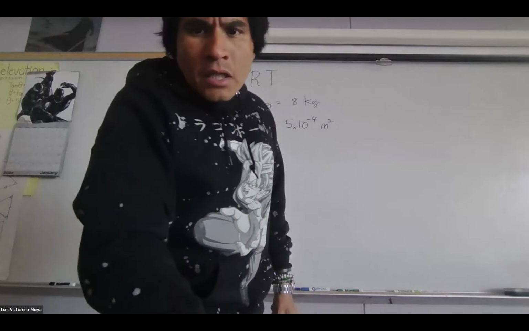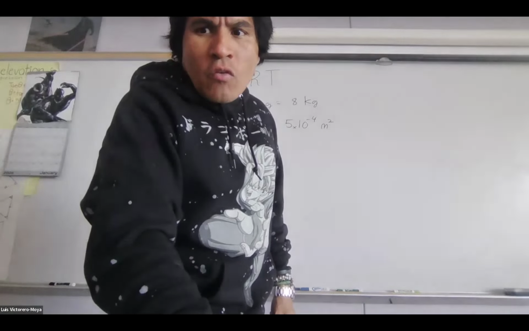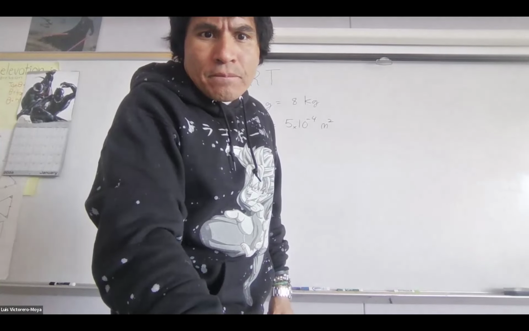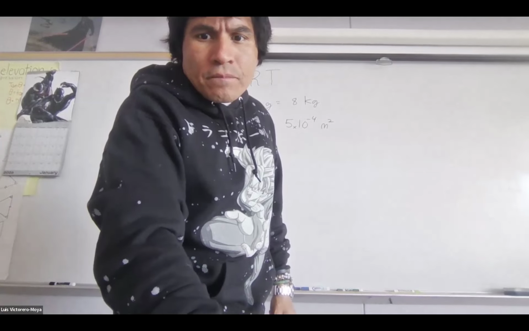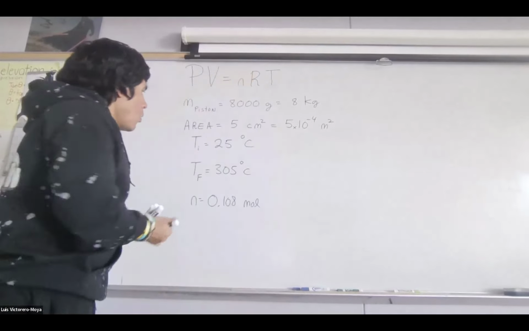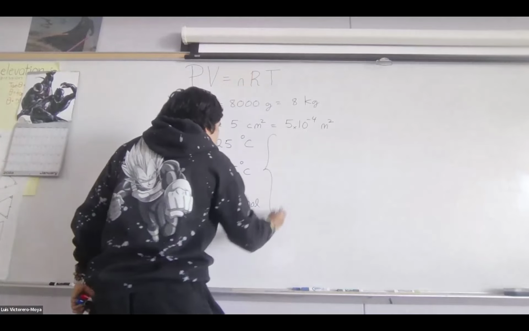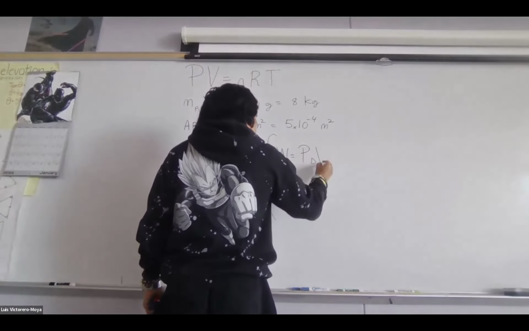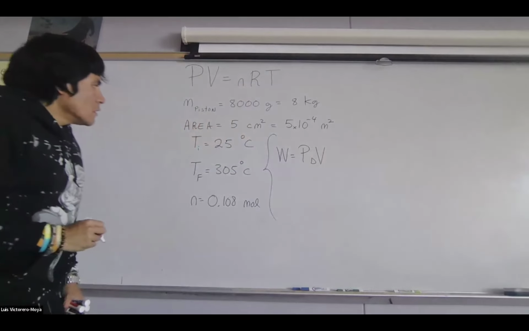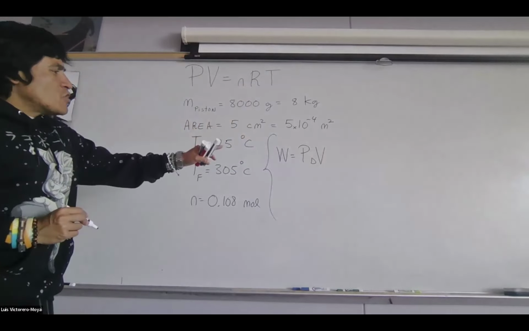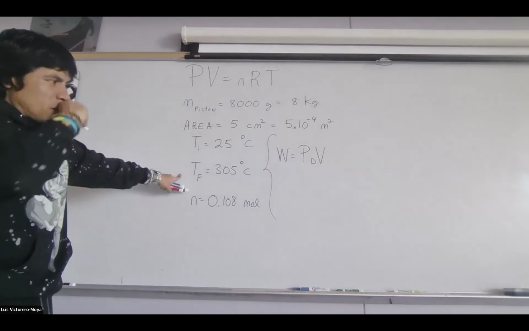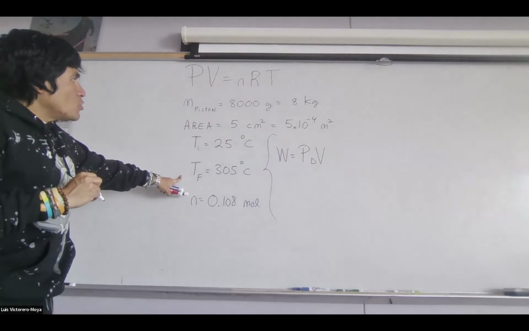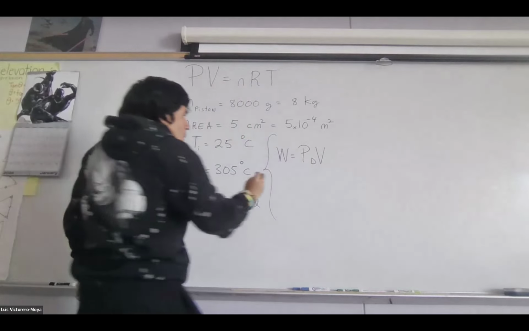So for this problem, you need to use the definition of work. Work is equal to the pressure times the change in volume. To find the change in volume, you need the initial volume and final volume, and you are going to need the pressure.